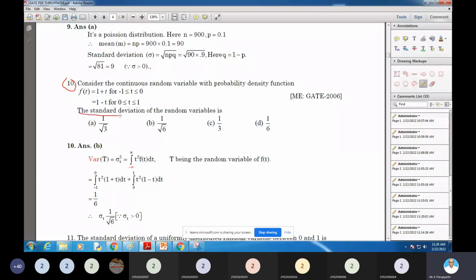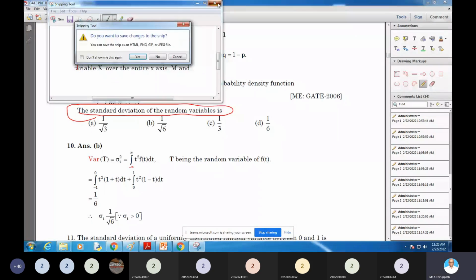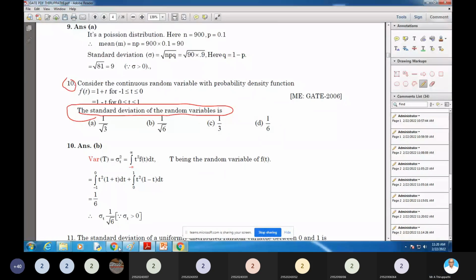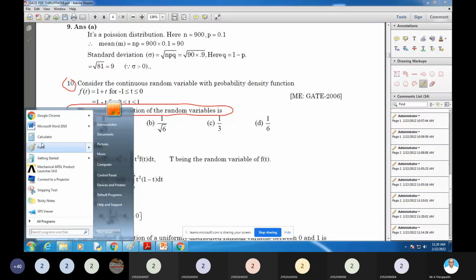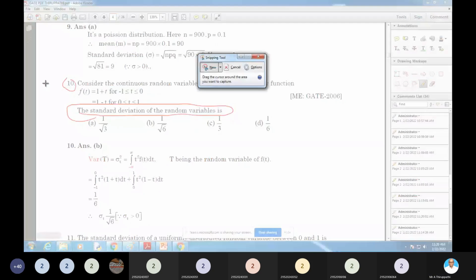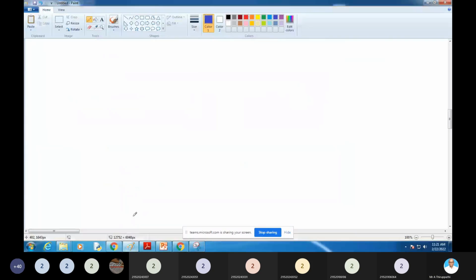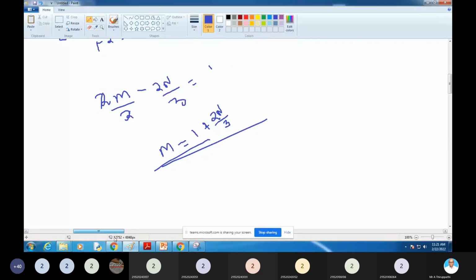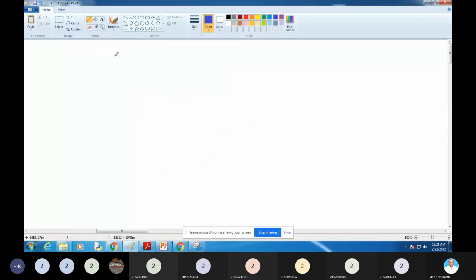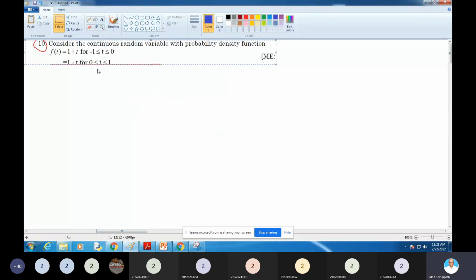The standard deviation of the random variable is asked. What is f of t? f of t is given in two ranges.